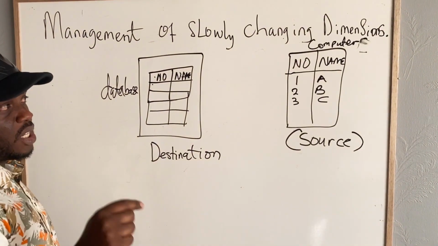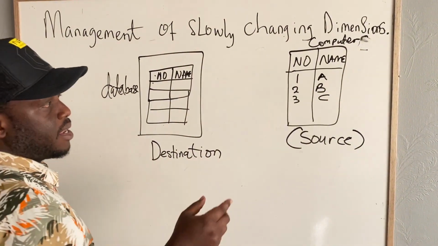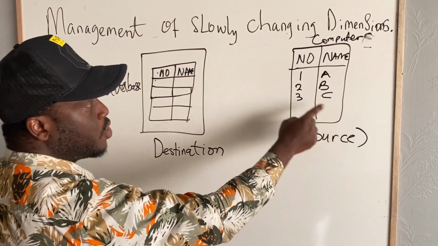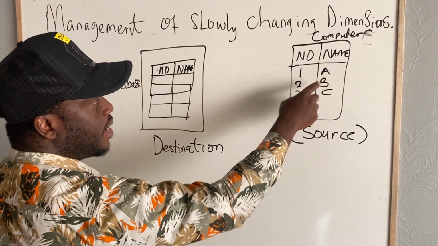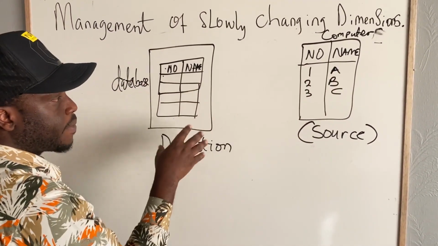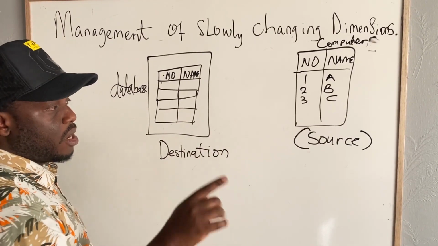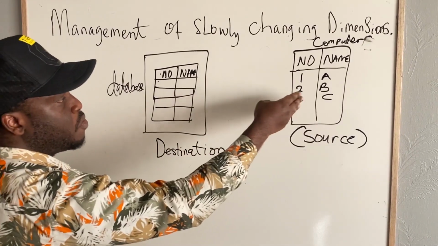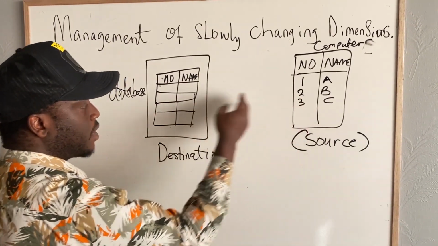So what is slowly changing dimension? You're going to find out that at the end of your business transaction, you want to move this information that is in your computer to your database. At the initial stage, when you don't have any information in your database, you want to move this data from your computer to your database.